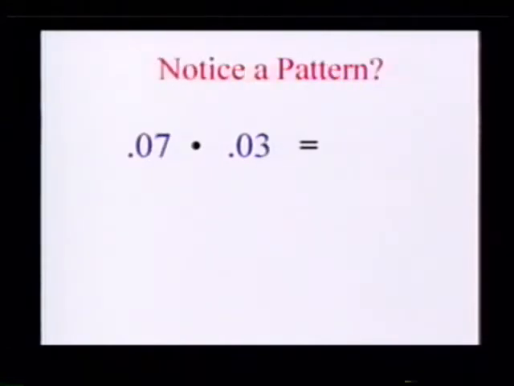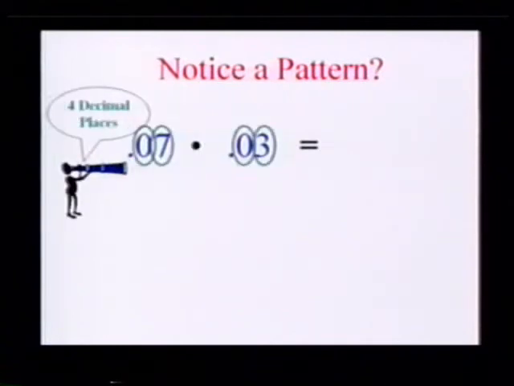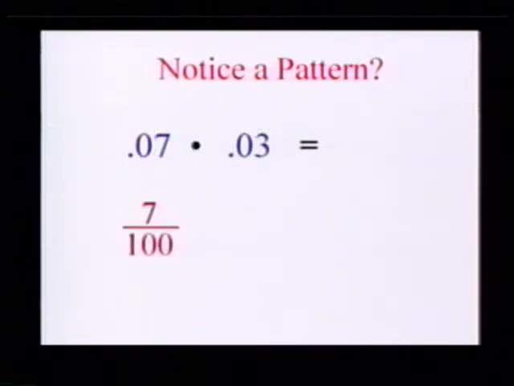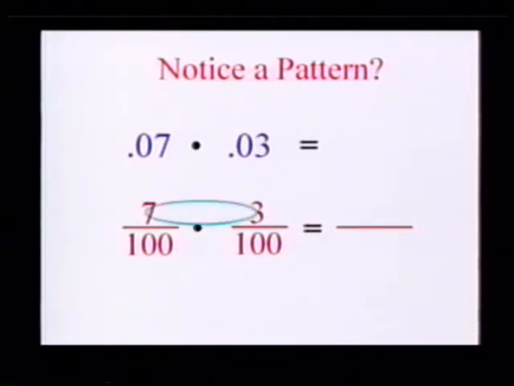Hey, there's something awfully screwy going on around here. We're going to do it again and see if you can notice a pattern. Okay, 7/100ths and 3/100ths multiplied. Now we've got 4 decimal places. Let's write them as fractions. 7/100ths and 3/100ths, and I'm too lazy to reduce even if I could, so I'm just going to multiply across. 21.